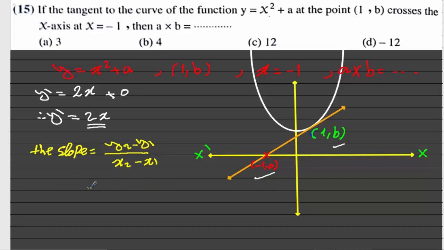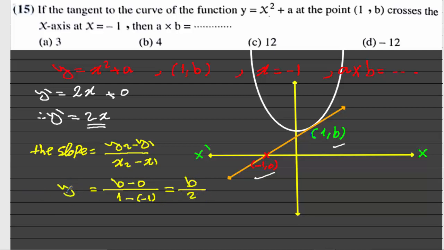We can consider (1, b) as x2, y2 and (-1, 0) as x1, y1. So b minus 0 over 1 minus -1 equals the slope.